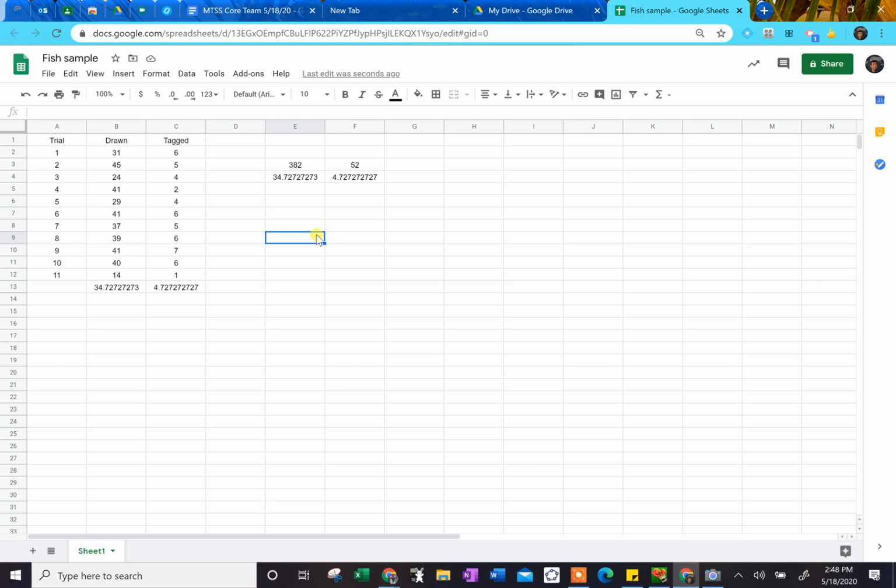I'm going to set up a proportion, and I'm going to take the average tagged over the average drawn, the average that I picked, and I'm going to set it equal to the actual tagged over the actual in the pond, in the stream.